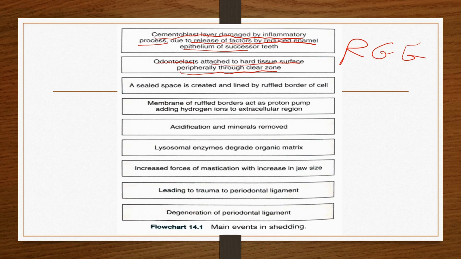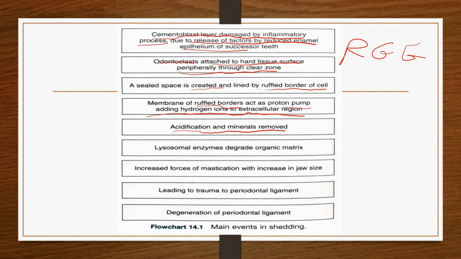A sealed space is created and lined by the ruffled border of cells. That is to be noted. We will learn about these cells later. The membrane of the ruffled border acts as a proton pump, adding hydrogen ions to the extracellular region. This makes that region acidic, and through the acidification, minerals are removed. Which minerals are removed? The inorganic part will be removed by this acid reaction. Lysosomal enzymes degrade the organic matrix.